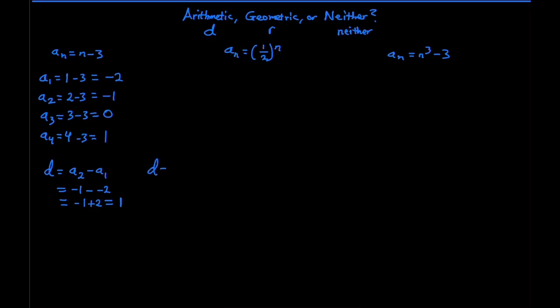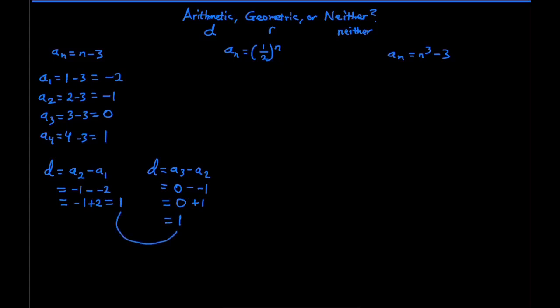You can check the third term minus the second term. The third term was 0, so that would go here. The second term was -1, that'll go there. And then this will resolve into +1, and you add that with 0, and you got 1 again.